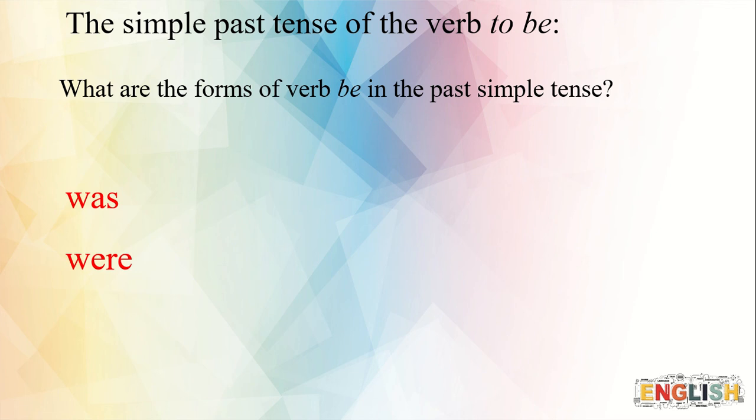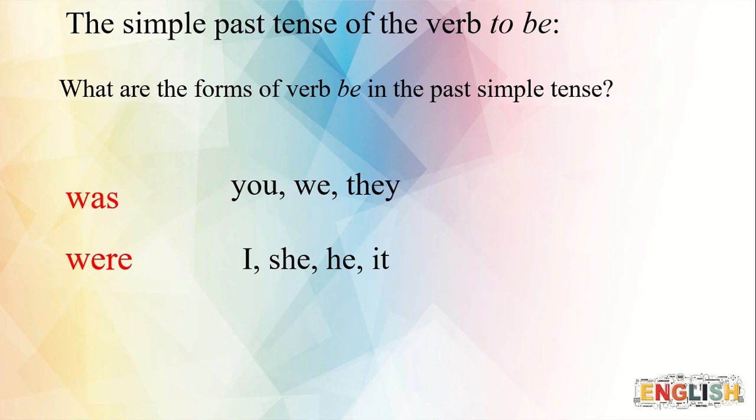The one you use depends on the subject. Now, can you complete the sentences with was and were? Number 1 is, I was a student. And the next one is, we were together.